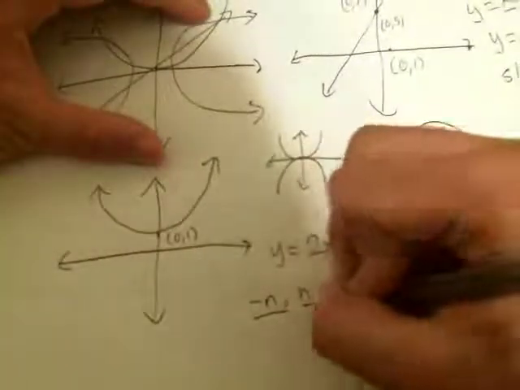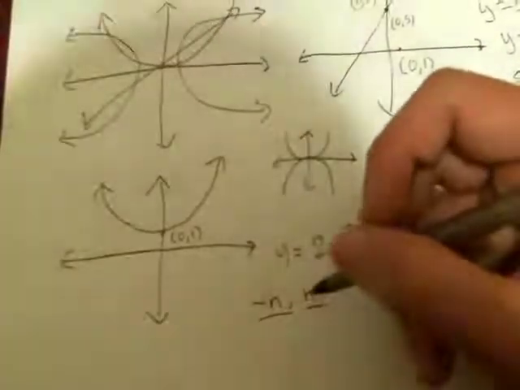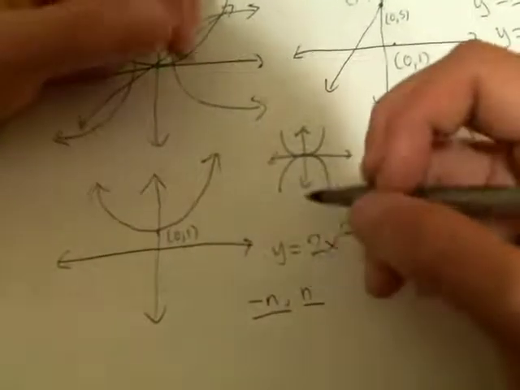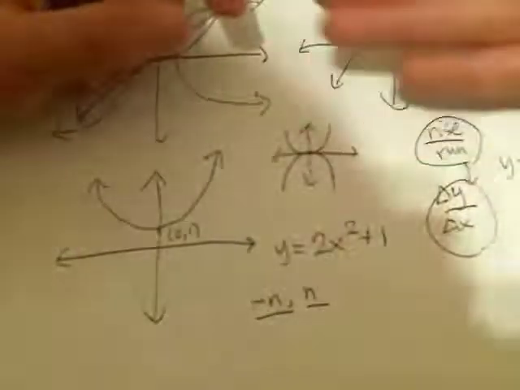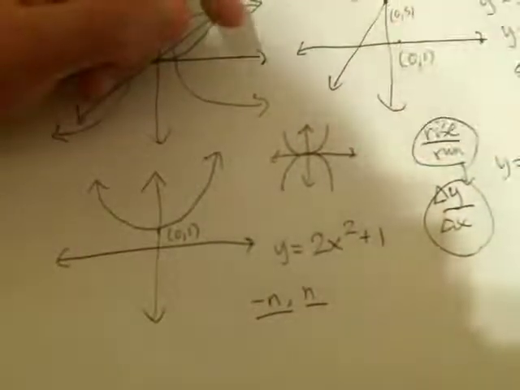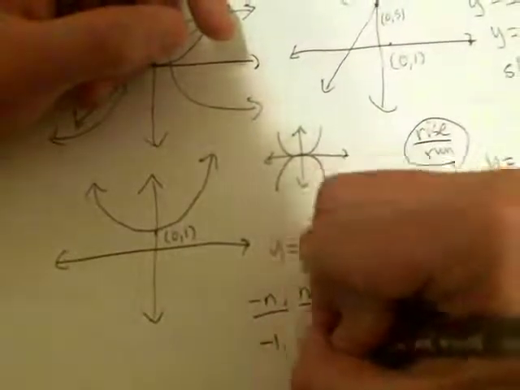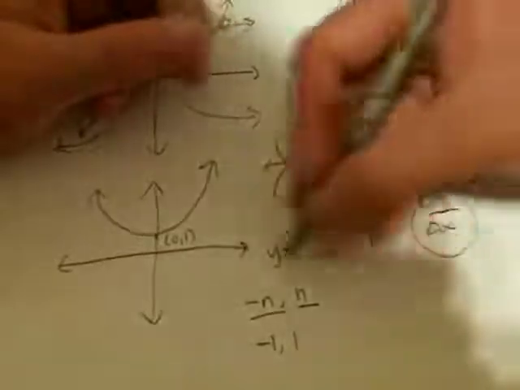You can pick pretty much any positive or negative value, since you would always get the same thing in the end. But for this case, we would just do -1 and 1. So we will plug these two values into this function.